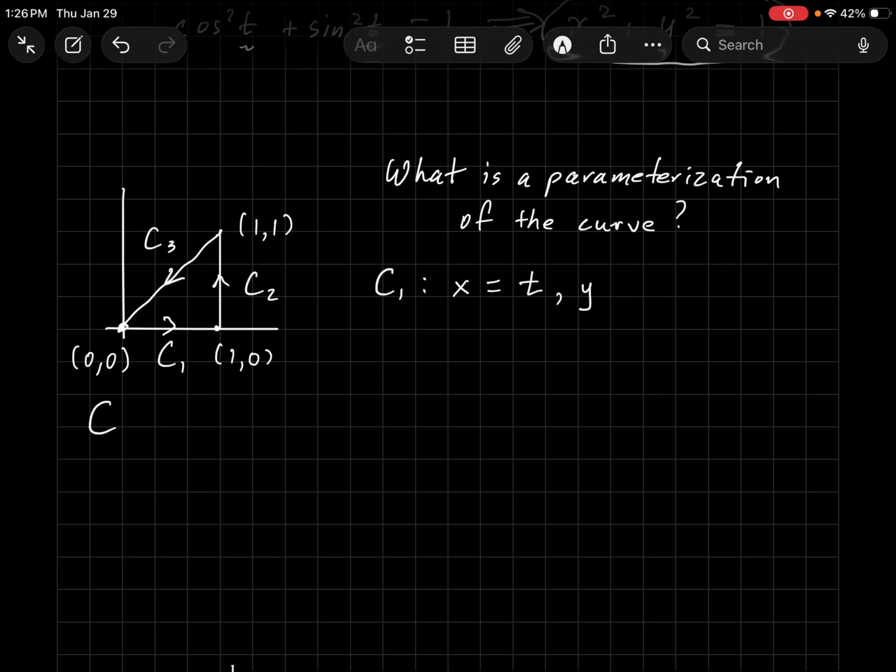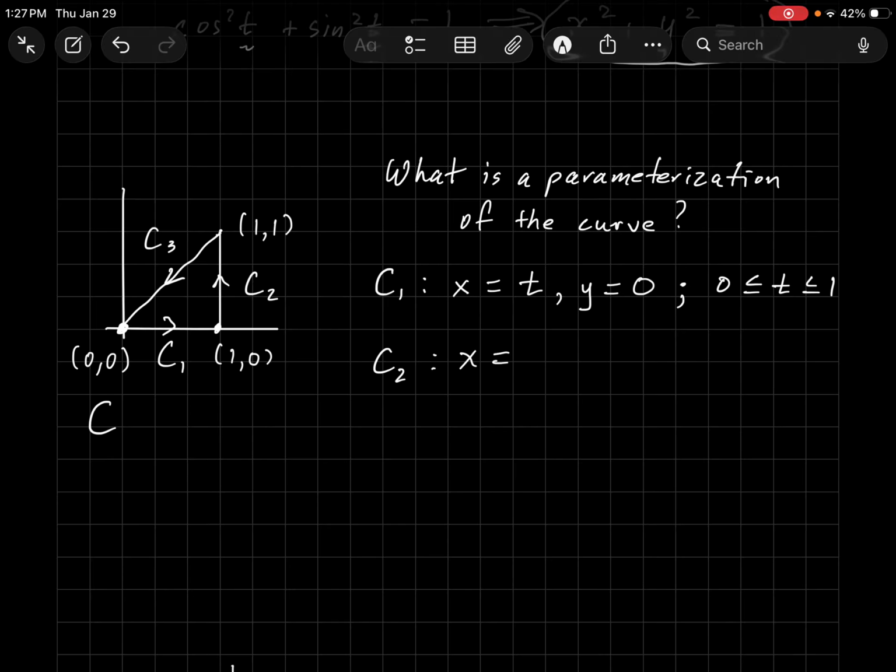On the curve, y always equals 0. If I choose x to be t, this would be true on the interval from 0 to 1. You can check it. At t equals 0, you're at the point (0, 0). At t equals 1, you're at the point (1, 0). And that works.